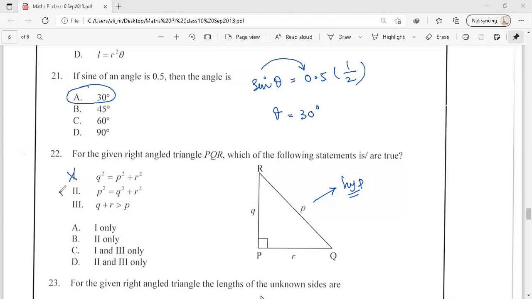So this is the correct equation, in which this is hypotenuse, this is perpendicular, and this is base. Similarly, in condition 3, Q plus R is greater than P. This means that the sum of two sides of a triangle is greater than the third side. So this is also correct. So conditions 2 and 3 are correct. So option D would be the right answer of this question number 22.